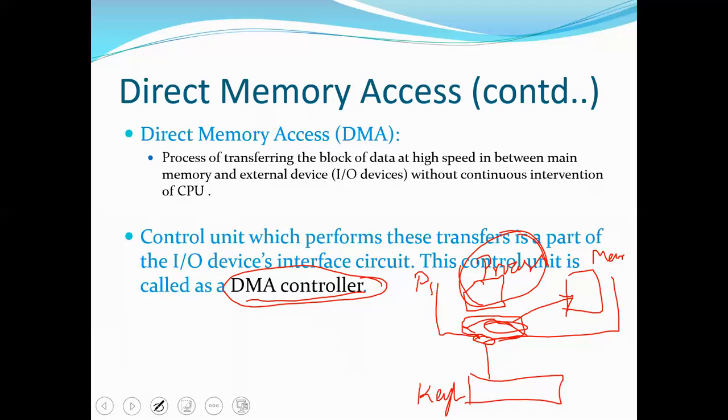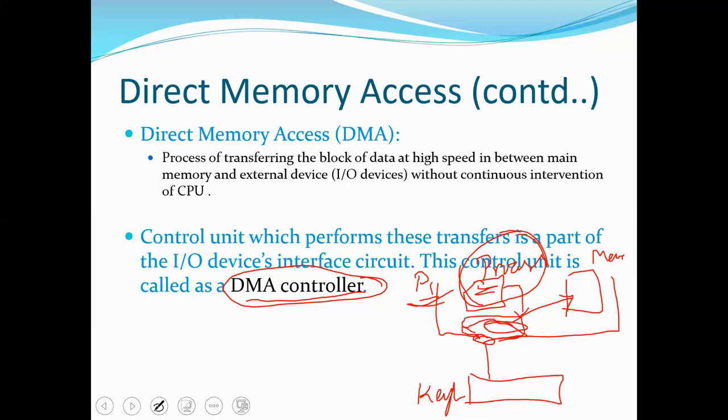So in the program, instructions will be written for direct memory access. The processor will know that the program needs direct memory access, and it will give permission for it.